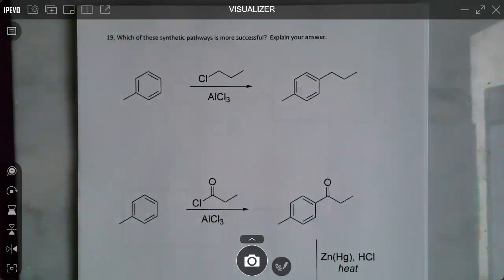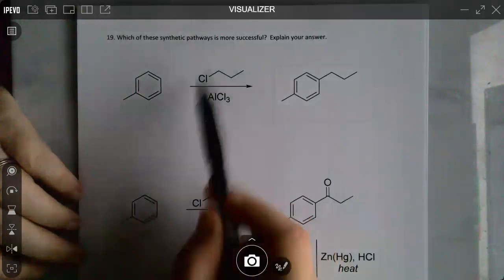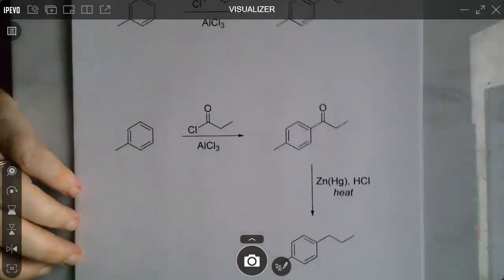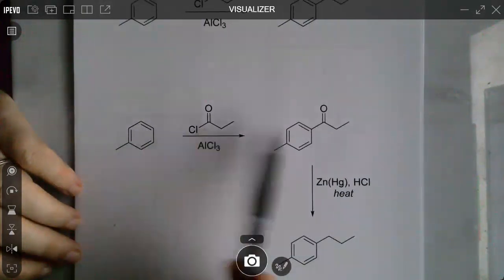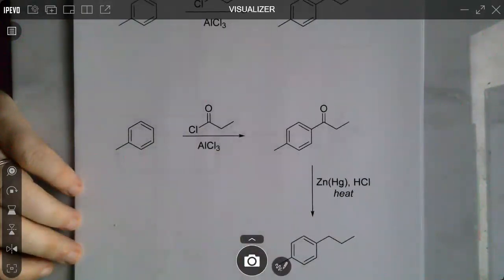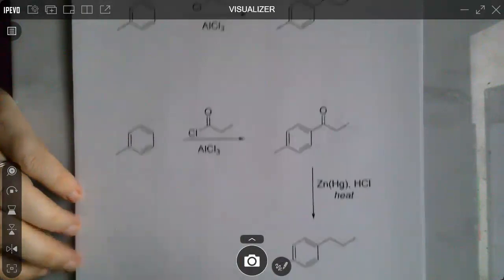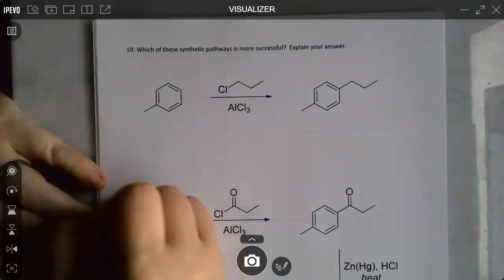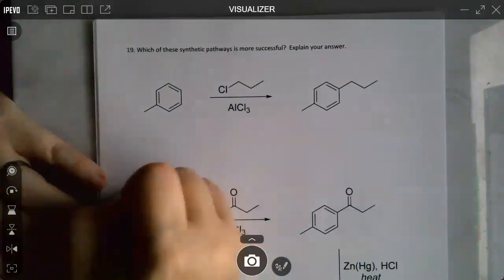The next question is, which of these synthetic pathways is more successful? Explain your answer. So we have the direct Friedel-Crafts alkylation or a Friedel-Crafts acylation followed by Clemmensen reduction. So the second pathway is definitely much more successful.